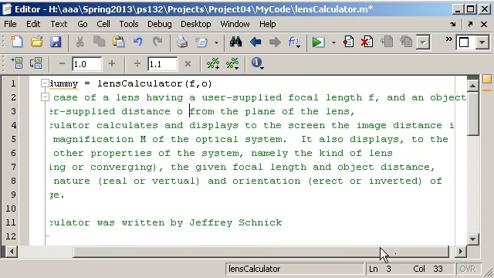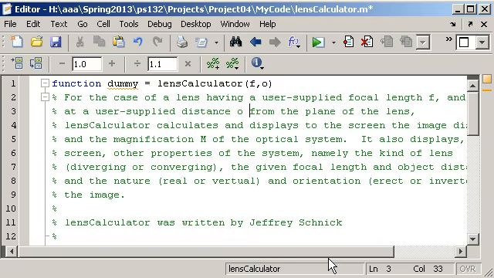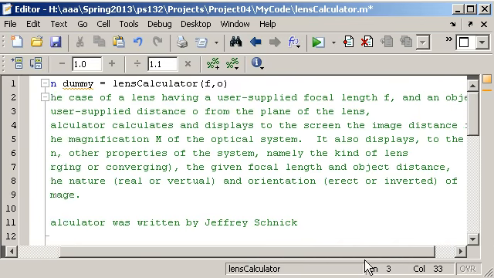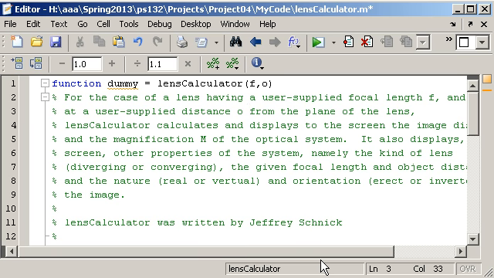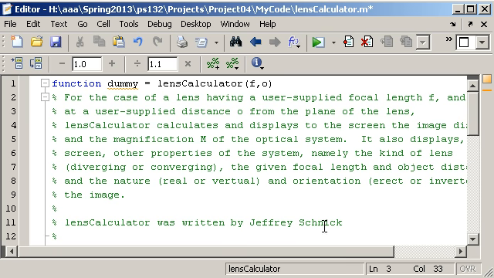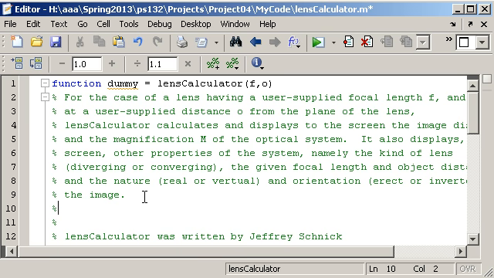It also displays other properties of the system, namely the kind of lens, diverging or converging, given the focal length and object distance, and the nature, real or virtual, and orientation, erect or inverted, of the image. Written by Jeffrey Schnick.